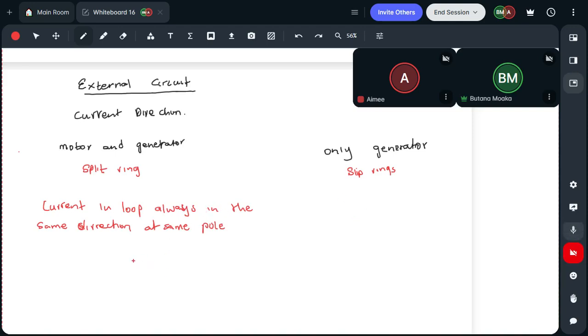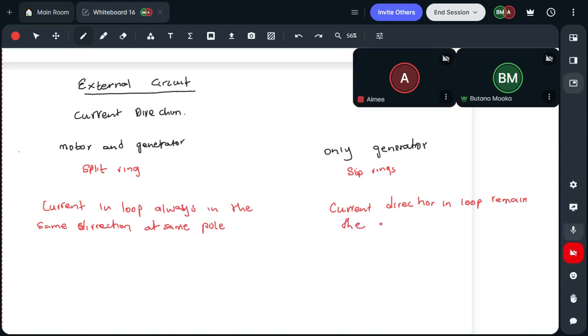So now when we look at this one, we said that on generator, the current direction in the loop, what will happen to the current direction? It will remain the same.